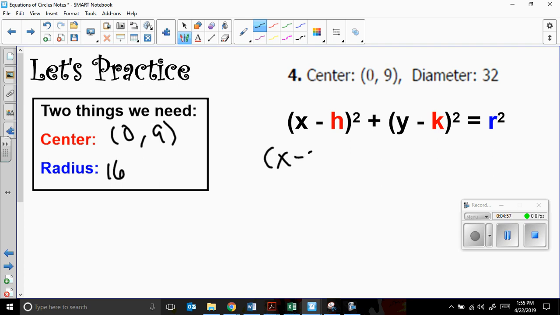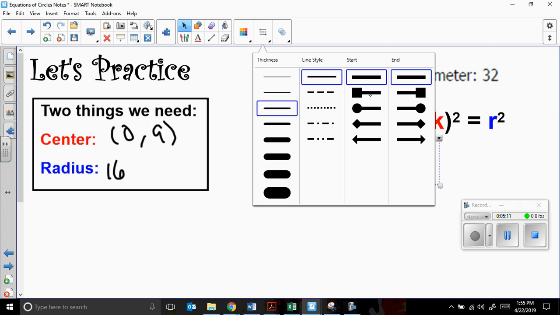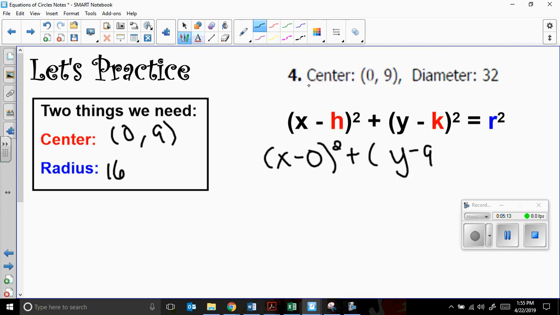We get (x − 0)² + (y − 9)² = the radius squared. Remember that's going to be 16², which is 256.